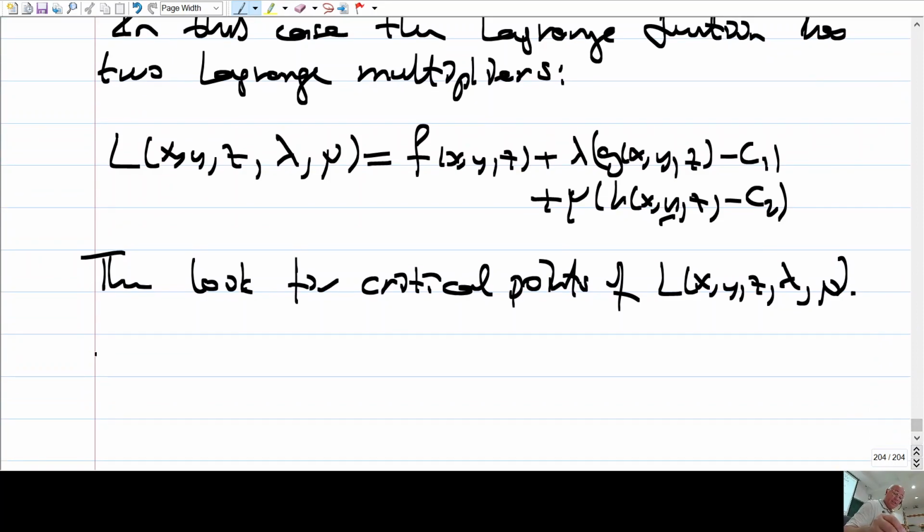Let me just explain this on an example. I will not talk about the proof of this. Proof is similar to what I have done last week for 2 variables, okay? It's nothing different than that. It is a little bit more complicated, but the idea is the same, okay?